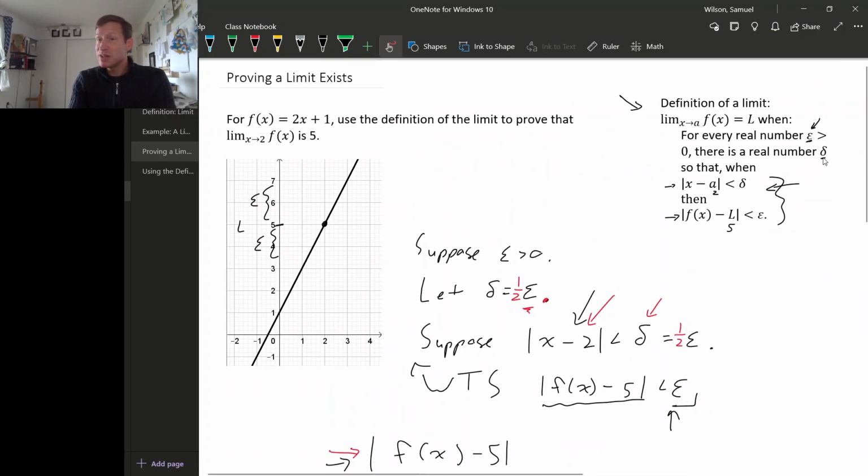No matter what epsilon is, we were able to come up with a delta that works. And when I say it works, I mean this property is satisfied. So according to this definition of the limit, this proves that this limit really is 5.